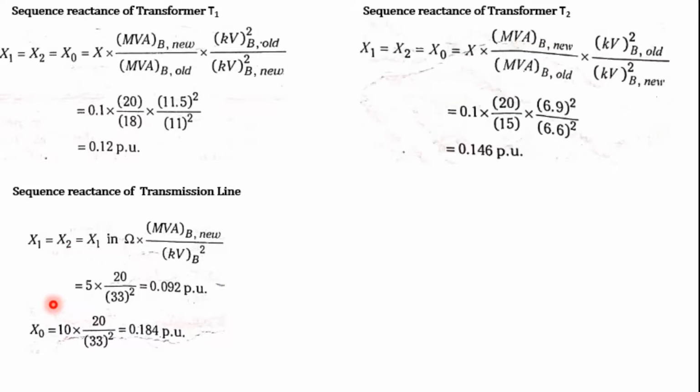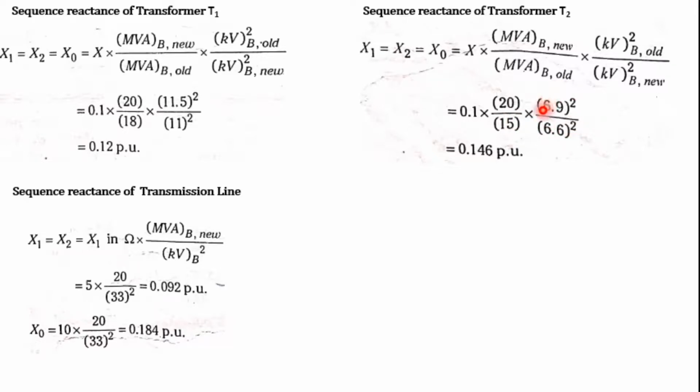Similarly for the transformer T2, only X is given, hence X1 is equal to X2 is equal to X0. The MVA is 20 and the volt value which is given is 15, and consider this is the LT side of the transformer.